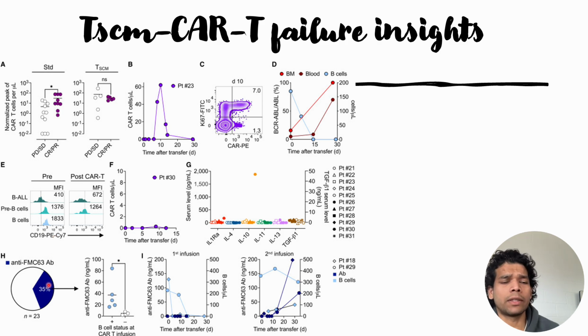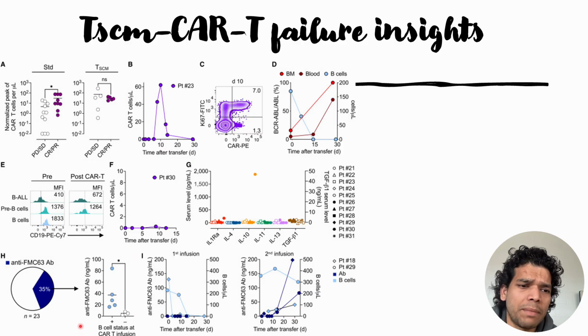They also correlated this with the presence of B cells before the CAR-T cell infusions, which indicates that when B cells are present before the CAR-T cell infusions, there are more anti-FMC63 antibodies, indicating that these B cells play a role in the formation of antibodies against CAR-T cells.